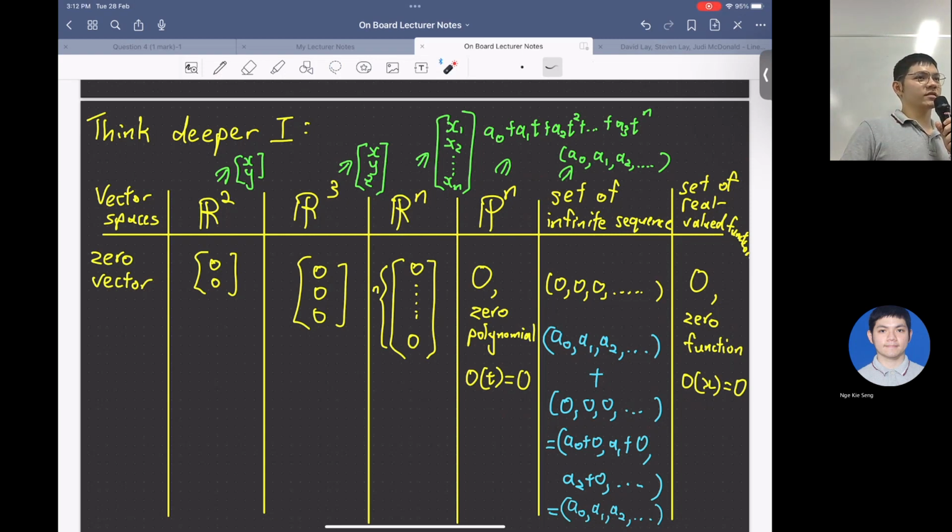Every continuous function can be approximated using Taylor series, but Taylor series is infinite. So when you approximate a function using polynomials, you need to use infinitely many terms to approximate it.